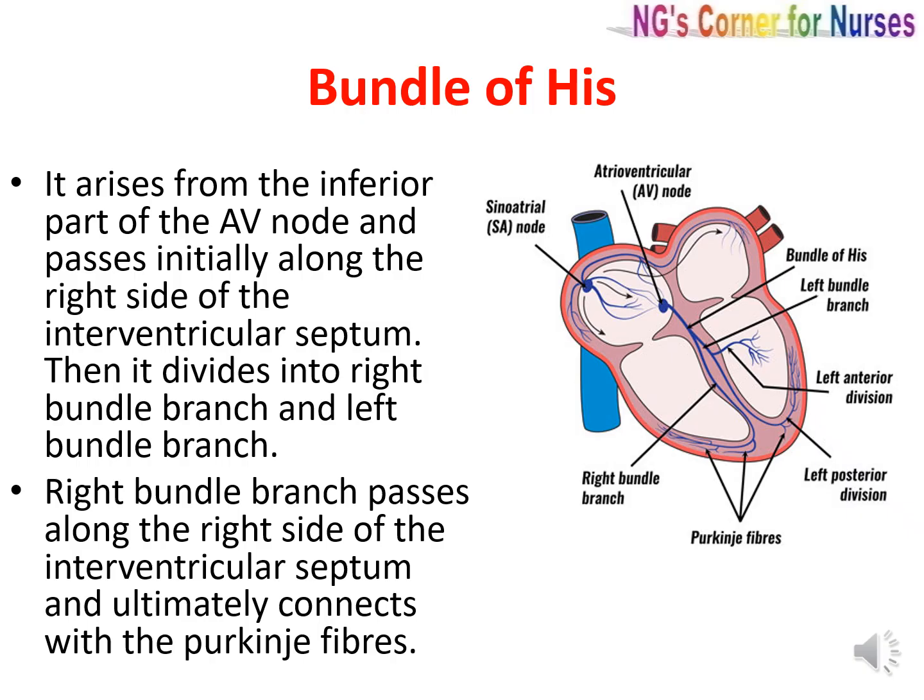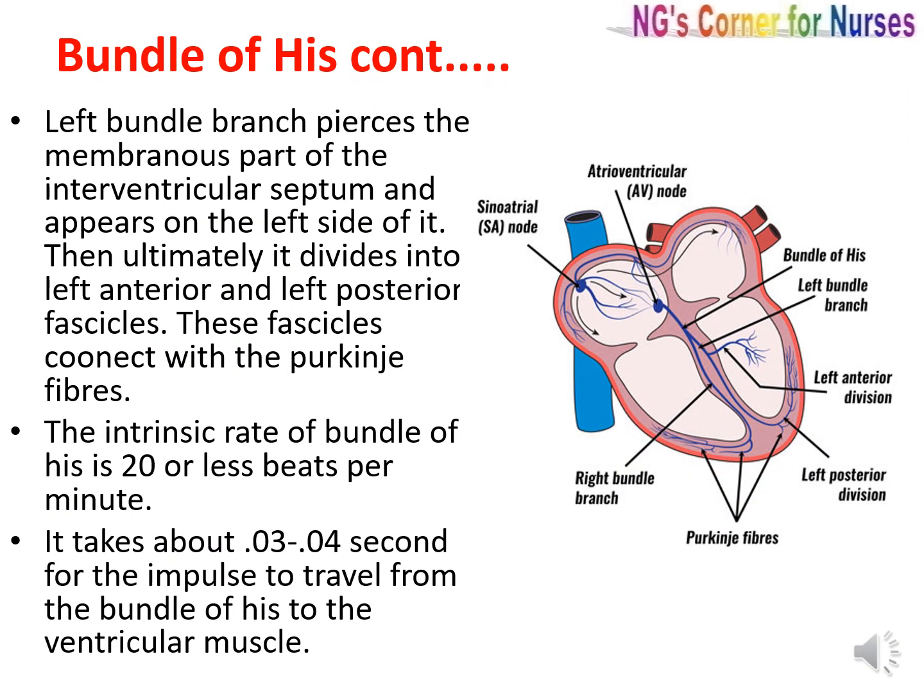The right bundle branch passes along the right side of the interventricular septum and ultimately connects with the Purkinje fibers. The left bundle branch pierces the membranous part of the interventricular septum and appears on the left side of it.